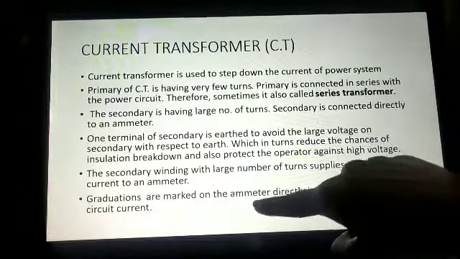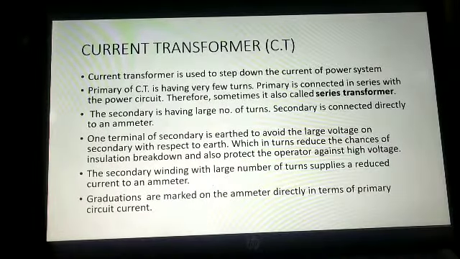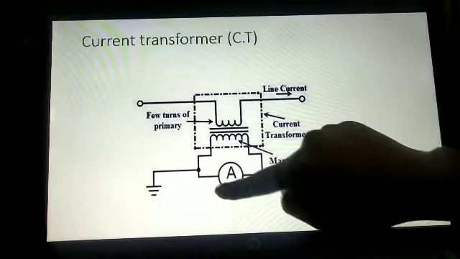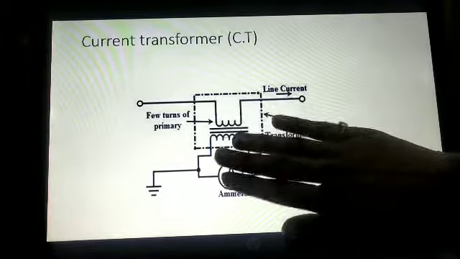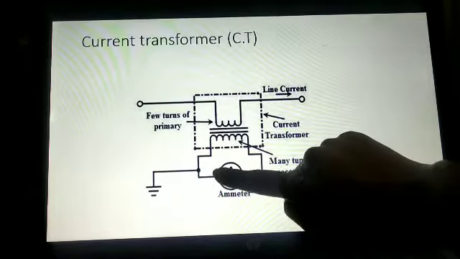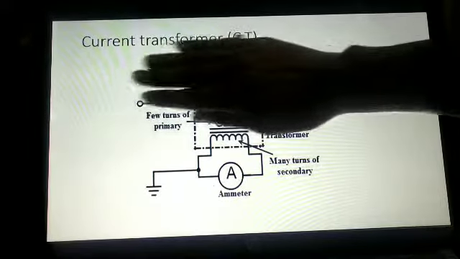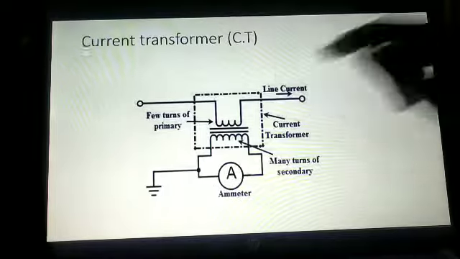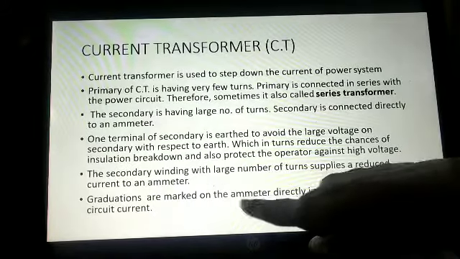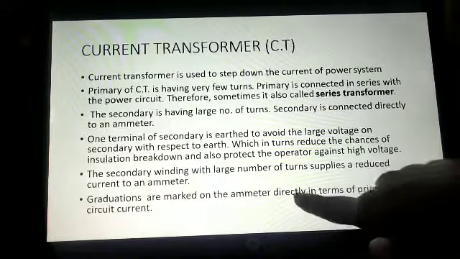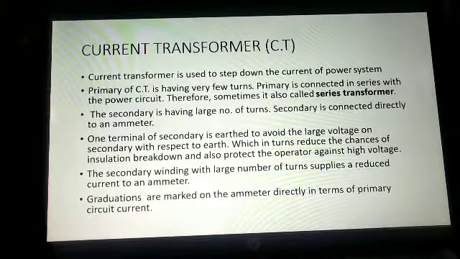Graduations are marked on the ammeter directly in terms of primary circuit current. So here this ammeter is our normal ammeter, but it is marked on the basis of primary current, right? We have to measure this primary current. So the graduations are marked on the ammeter directly in terms of primary circuit current.